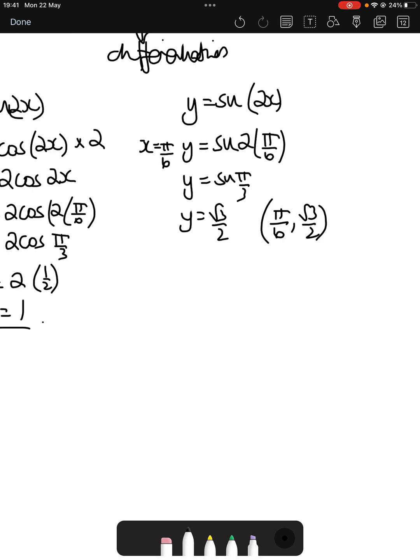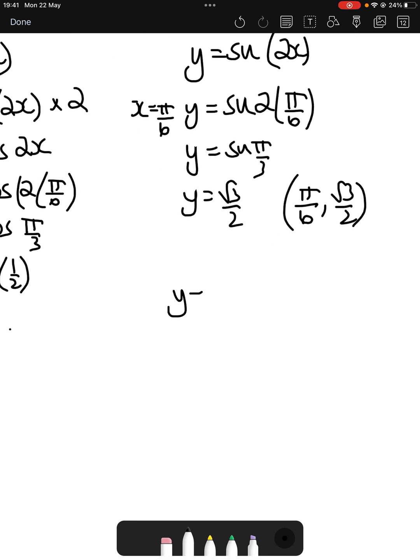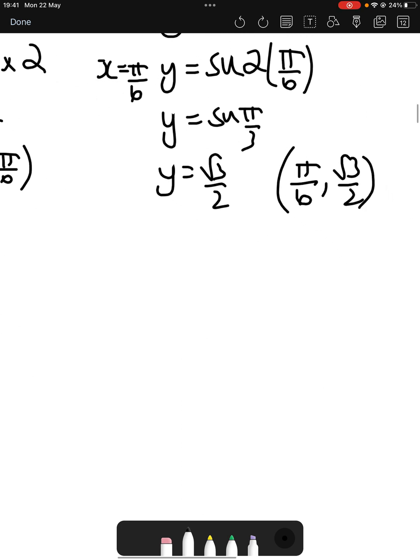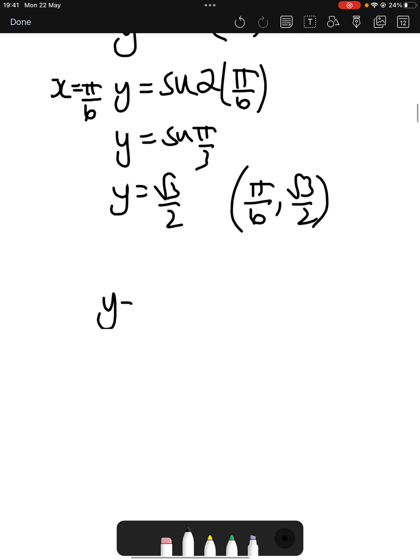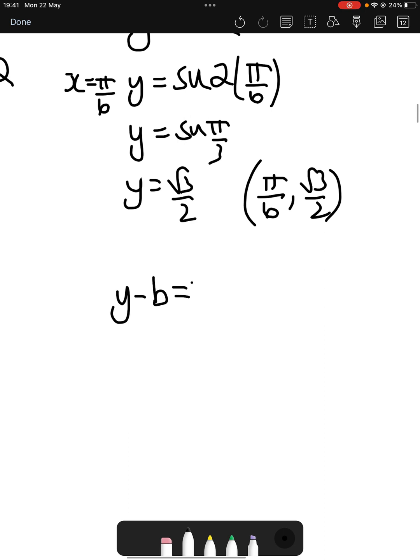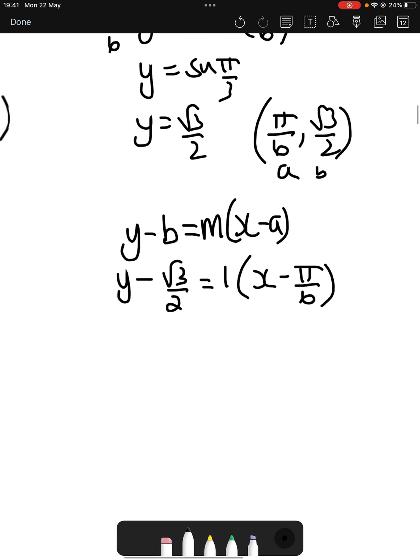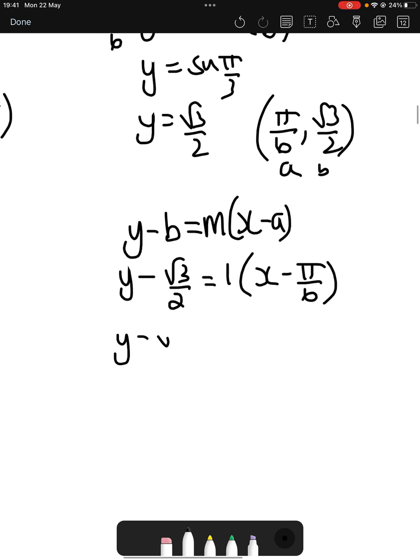Right, so tangent. Y minus b. Right, gradient we know is 1. a, b's here. Going to just obviously get rid of that 1. What would you do next?